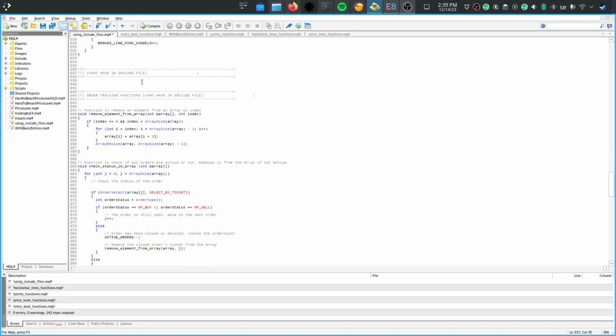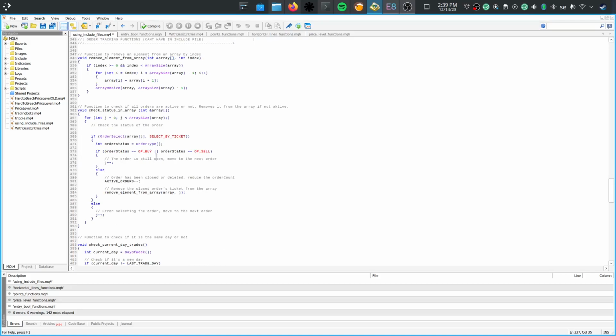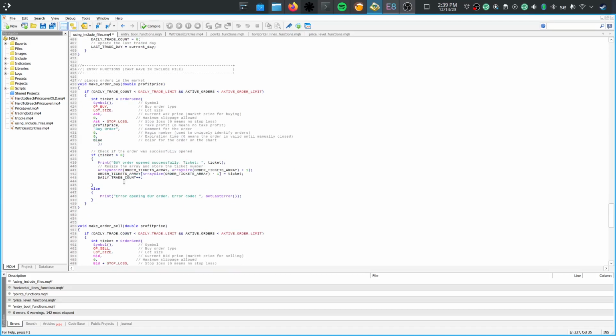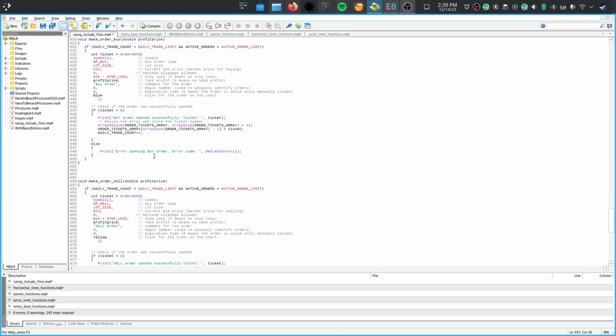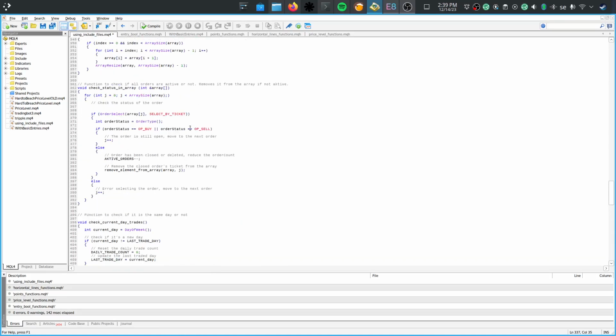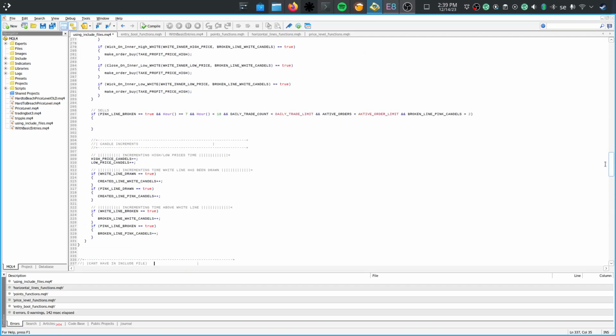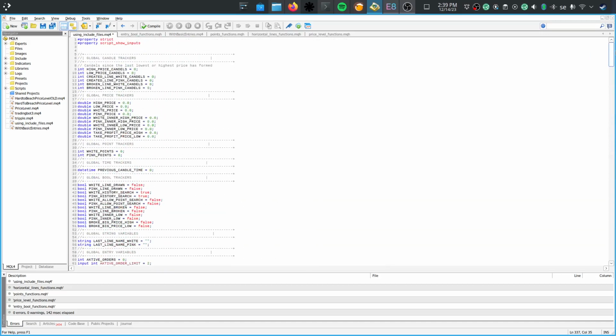And then of course there are functions that I can't have in include files for some reason. So the entry function I can't have there, and these ones just made more sense to have in the main file. Yeah, this is the real view if you want to get into making a trading bot with pattern recognition.